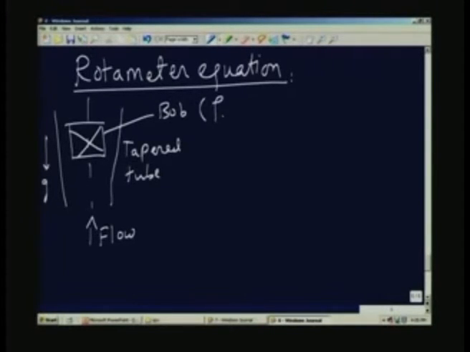We will say that rho b is the density and the volume is Vb. So this is the density and this is the volume of the bob.